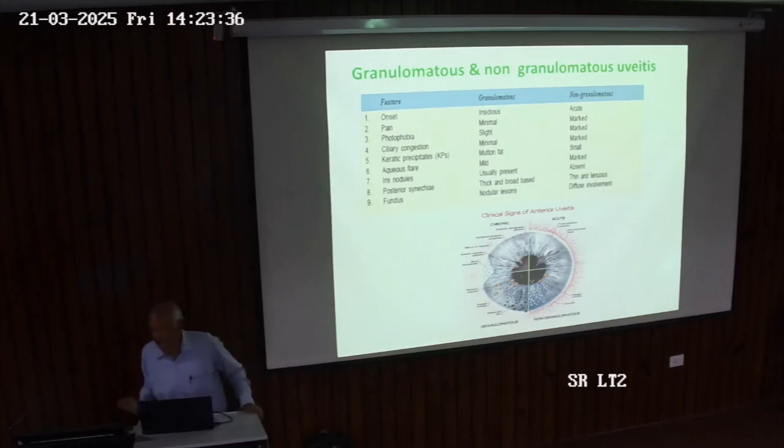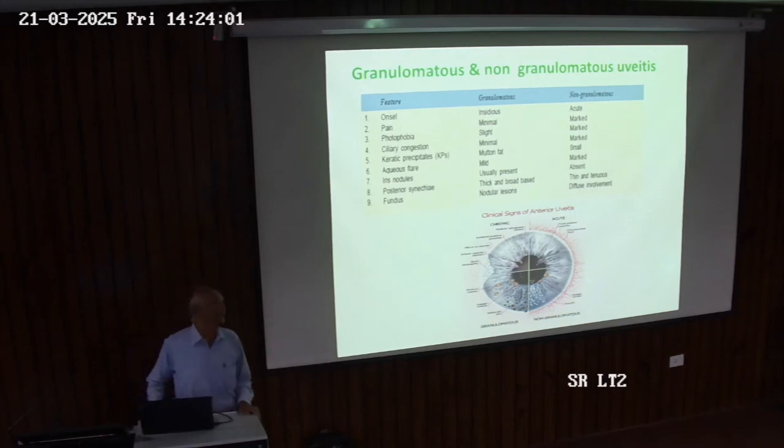In the other way, allergic part, just like sympathetic ophthalmitis. Allergic means non-granulomatous, but that is granulomatous, that is a reaction to something else. So these are some variations of that. But commonly, infective is the granulomatous, and the other part is the non-granulomatous.